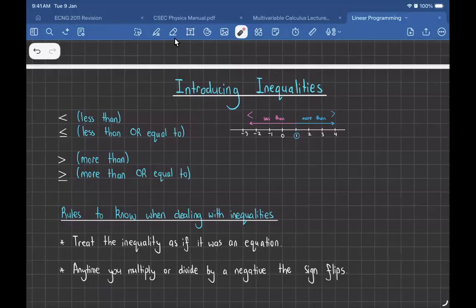Going to the left, because that's negative, right? And we know that positive numbers are more than negative numbers. So going to the right, the numbers are getting more what? Bigger. Right. So if you see an arrowhead pointing to the right, it's more than.